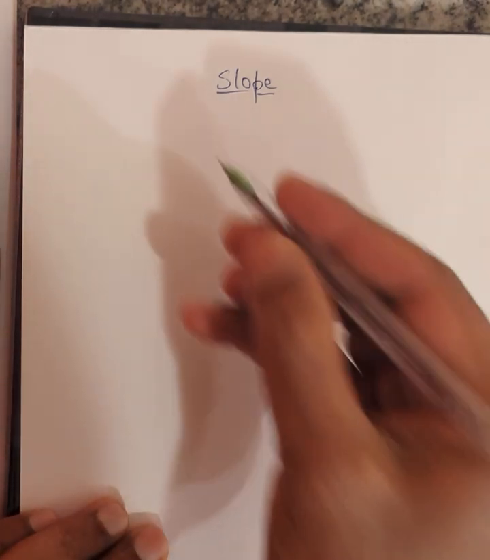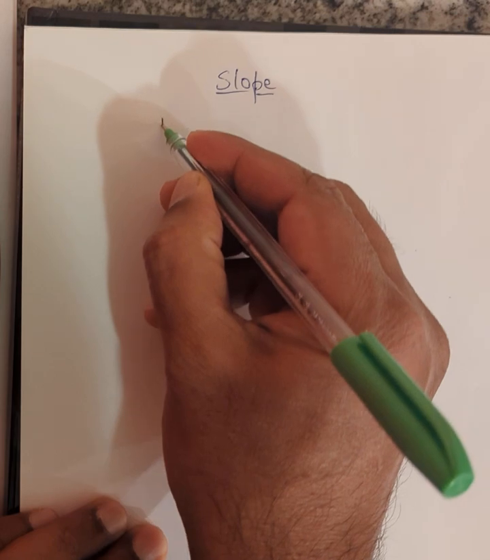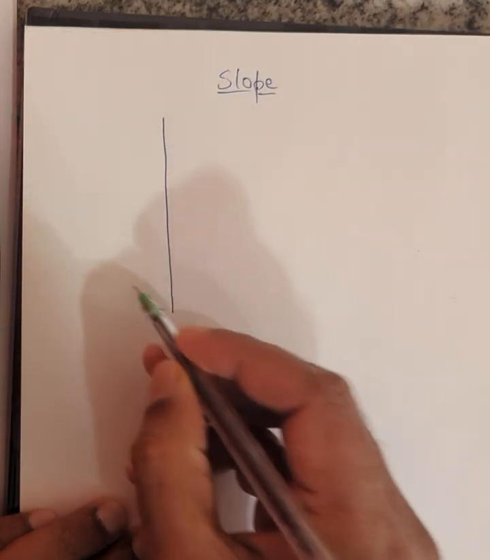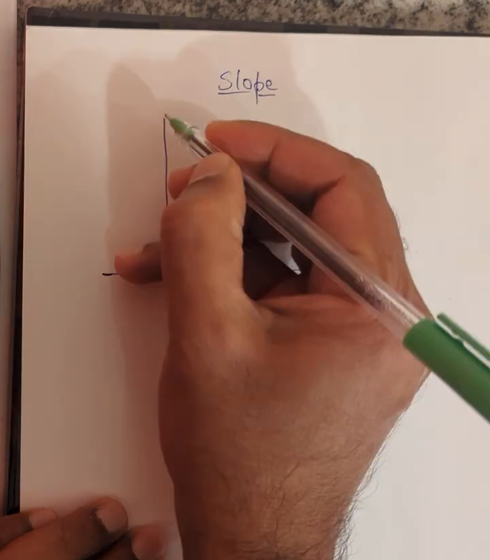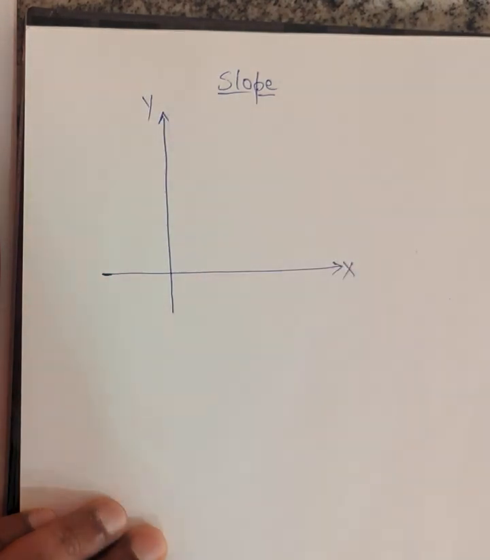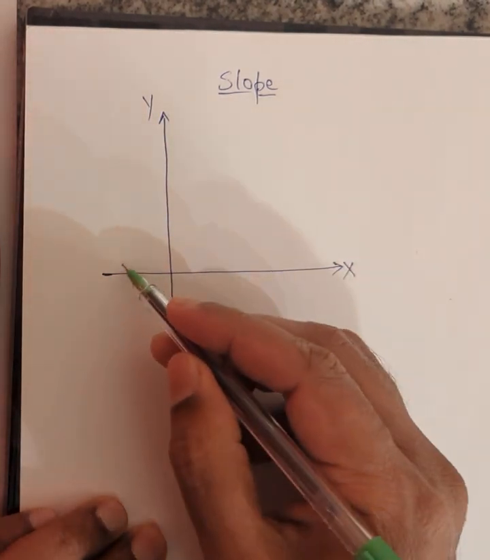Slope. The concept of slope is first introduced in algebra courses as a measure of steepness of lines in the xy plane. So say I'm going to draw my xy plane, label x-axis, y-axis, and say I have two lines.